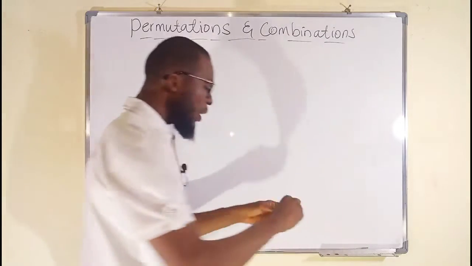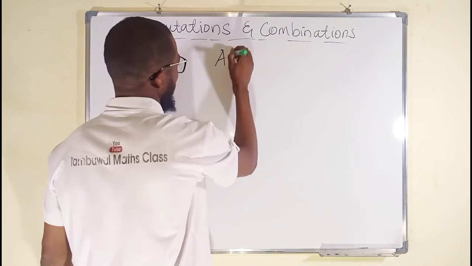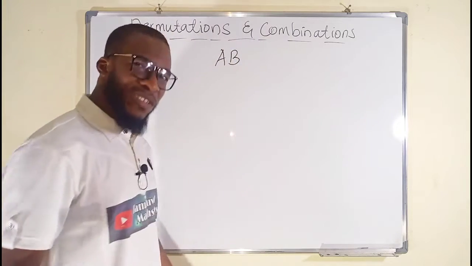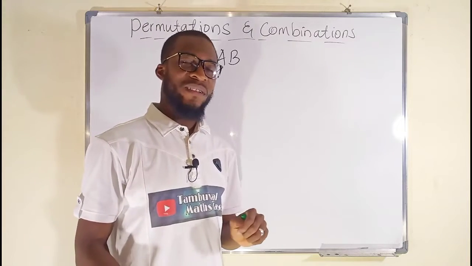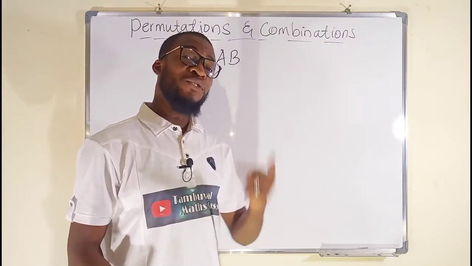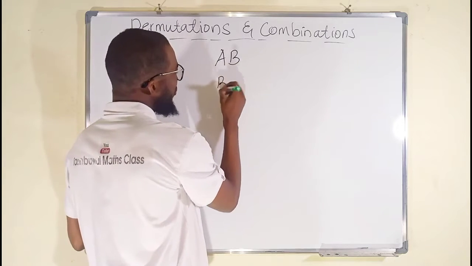Okay, suppose we have two letters, A and B. The question is, how many ways can we arrange these letters? We can arrange them in two different ways: AB, or let me say BA.